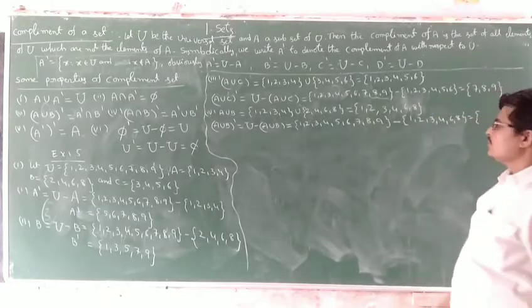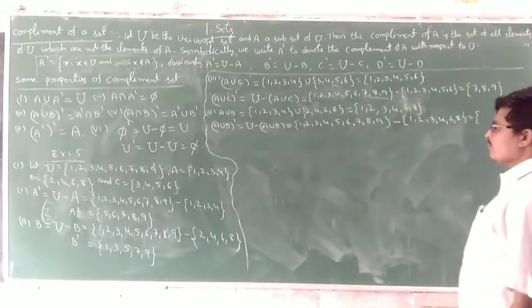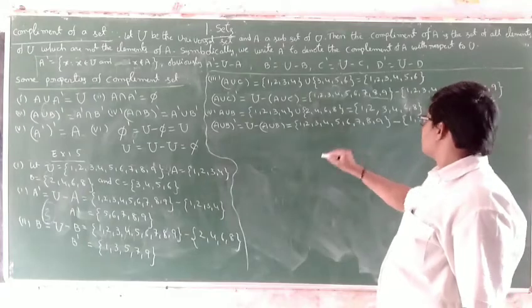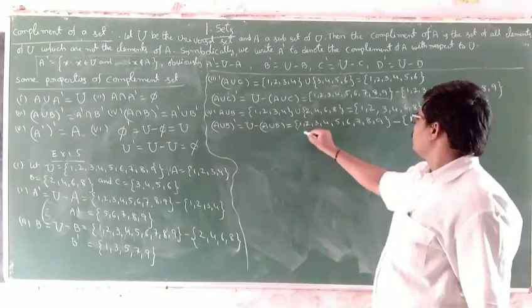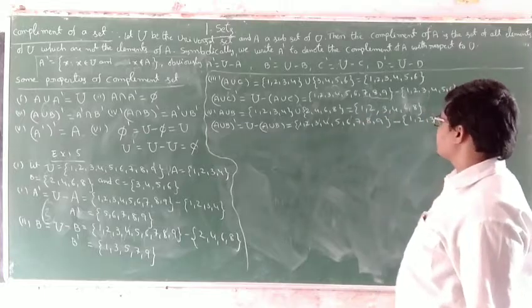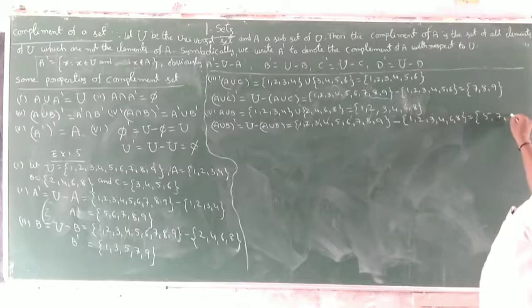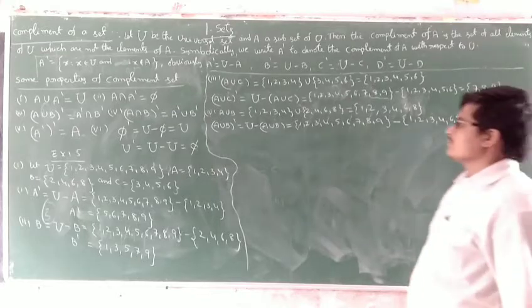So we remove A union B from the universal. The remaining is 5, 7, 9.